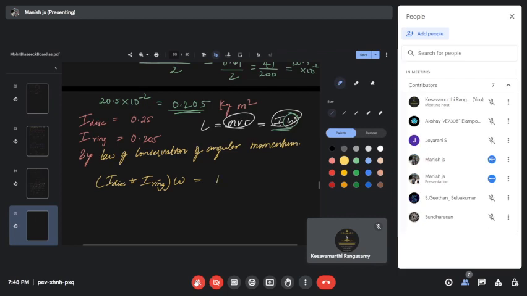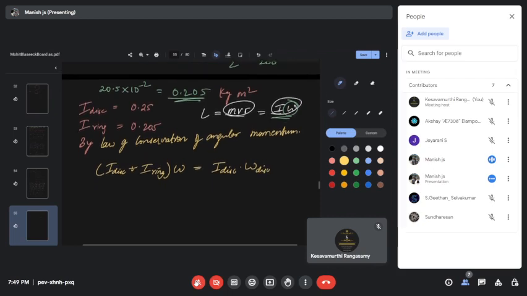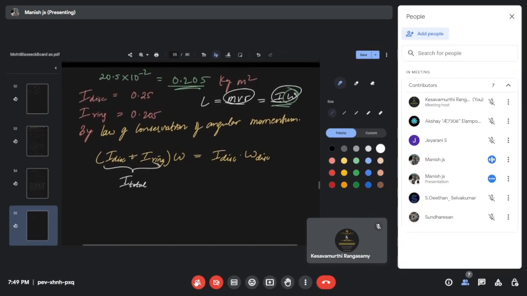So I can write it as I disk times the angular velocity of the disk, omega disk. So this is how you express the law of conservation of angular momentum, wherein the first expression will give you the total moment of inertia.